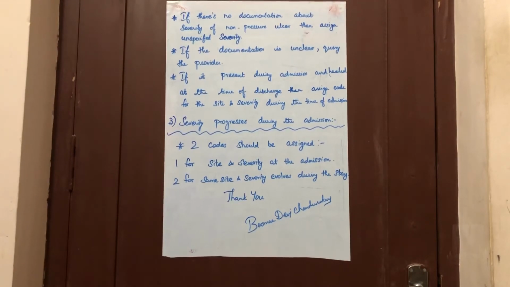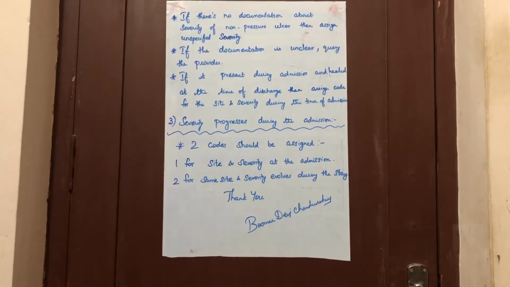Then if the documentation is unclear, I already told, unclear means if the documentation doesn't provide any information whether the patient is taking treatment for a new pressure ulcer, a current pressure ulcer, or the pressure ulcer was already there and they are giving treatment and it is getting healed. If this information is not provided in the documentation, then it should be considered unclear documentation.